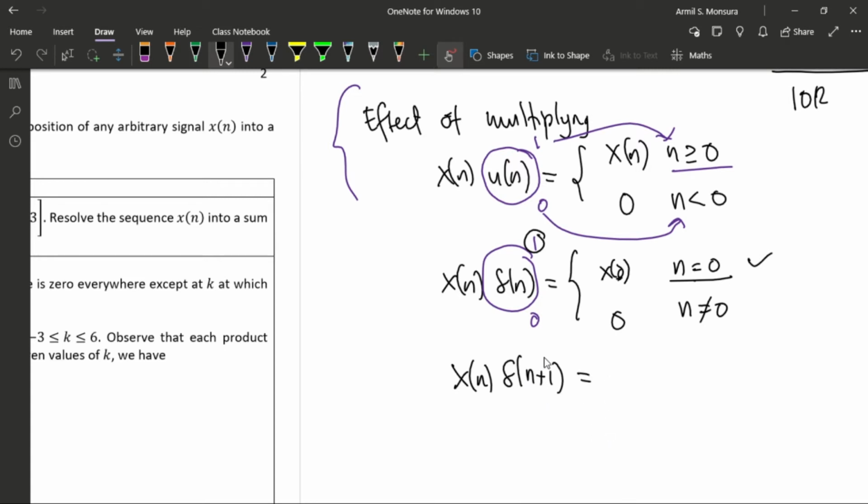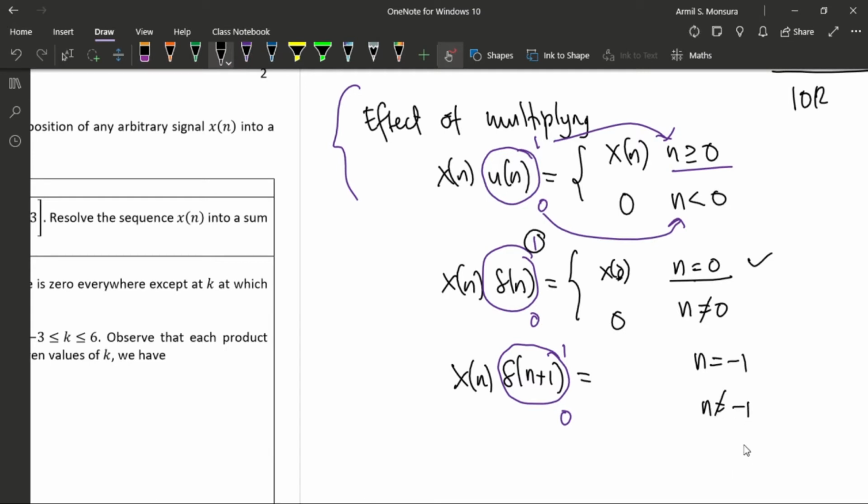So again, tandaan natin na itong delta n, this delta n is 1 when your n equals negative 1, and 0 siya when your n is not equal to negative 1.